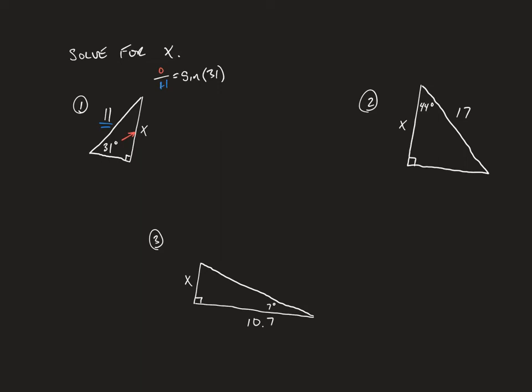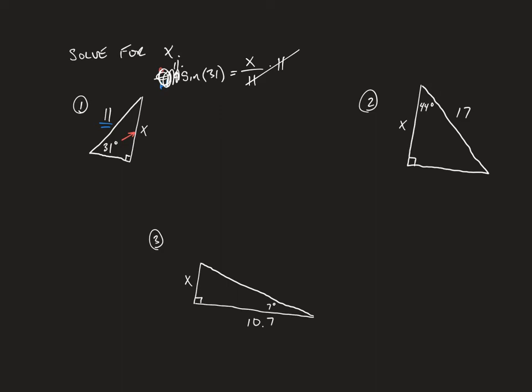So I'm typing sine of 31 into the computer. And I know that in my case, that's the same as saying x over 11 because x is the opposite side and 11 is the hypotenuse side. So paying attention to this equation right here, I need to get x alone. I'm going to multiply both sides by 11.